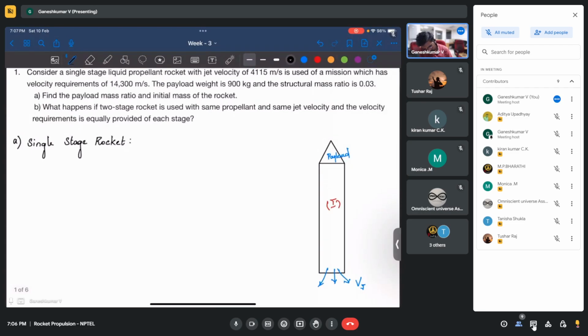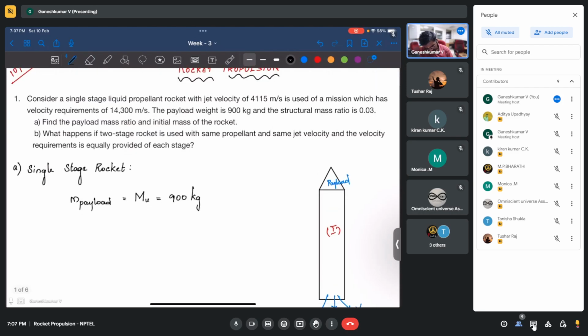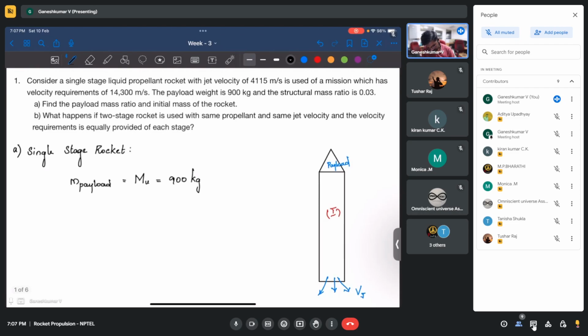Now, what is given is the mass of payload, which we usually call mu, the useful mass, which is around 900 kgs. The jet velocity is also given, 4115 meters per second, and the velocity requirement, the total delta V of the mission, is 14,300 meters per second.